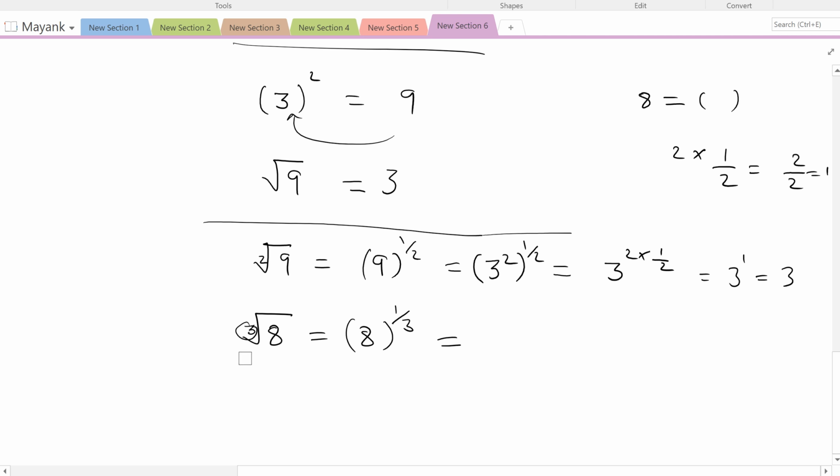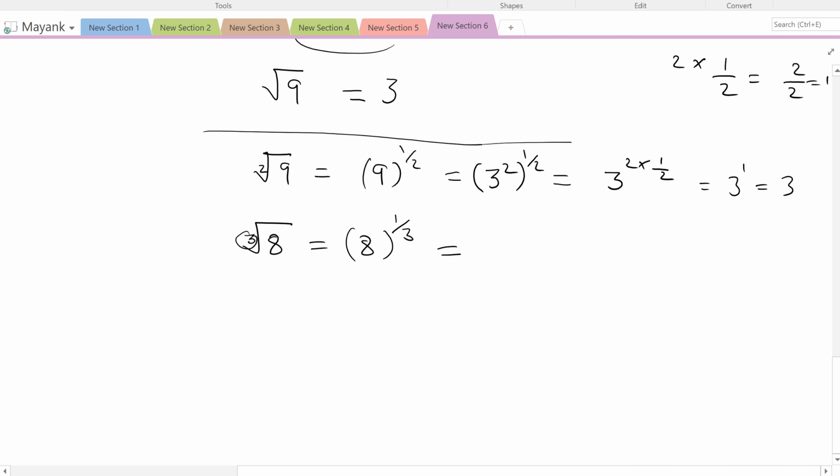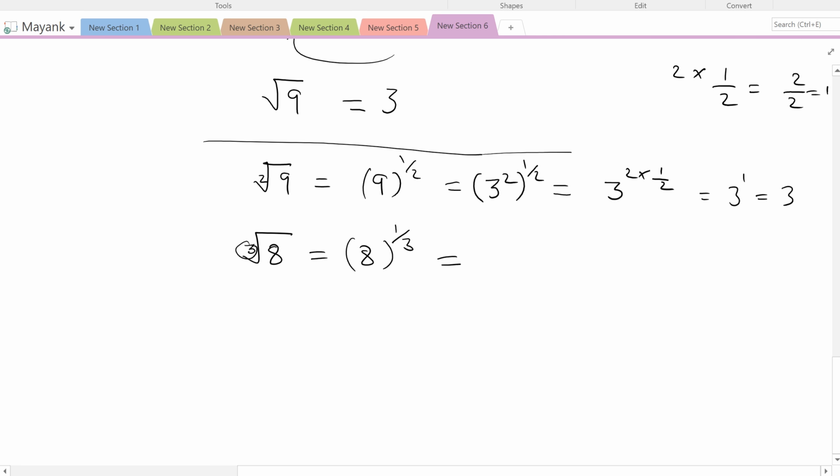I chose this example with some reason because I knew that 8 is 2 cube. Isn't it? 2 cube means 2 multiplied by 2 multiplied by 2, which is 8. So now what we get here, we write 2 cube, replace 8 by 2 cube, and the power is 1/3 outside.